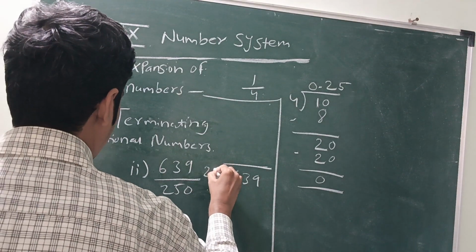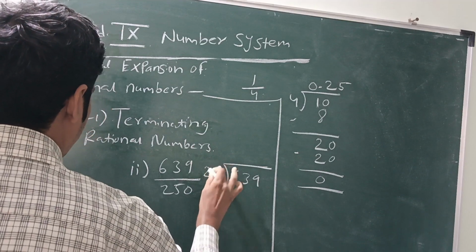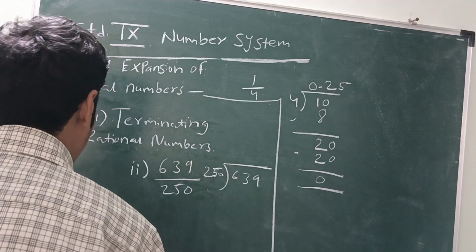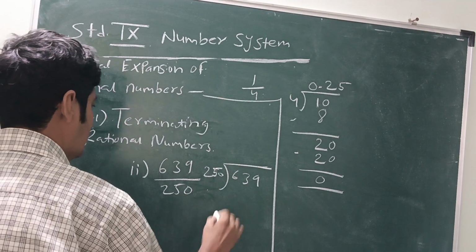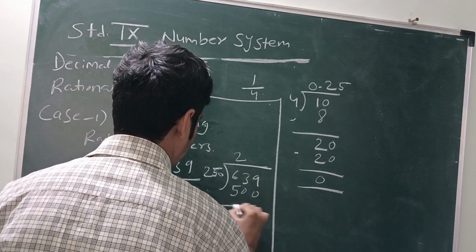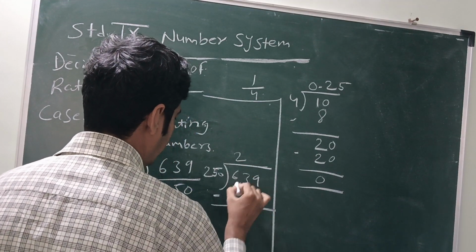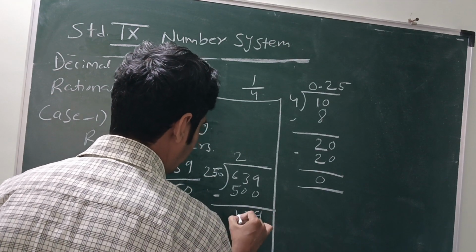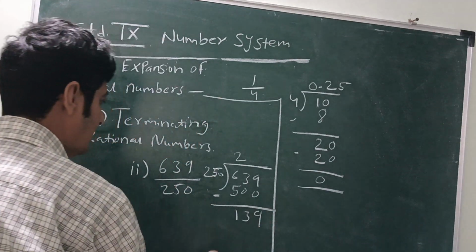So you must be knowing the table of 25. 25 twos are 50. So 250 twos are 500. 639 minus 500 is 139.